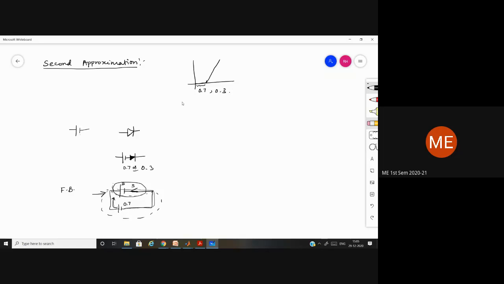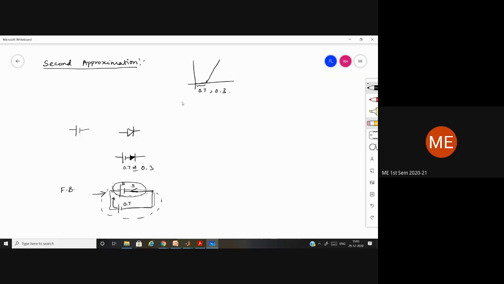From this they understood that yes, the diode has an inbuilt battery which opposes the flow of current coming from the supply.